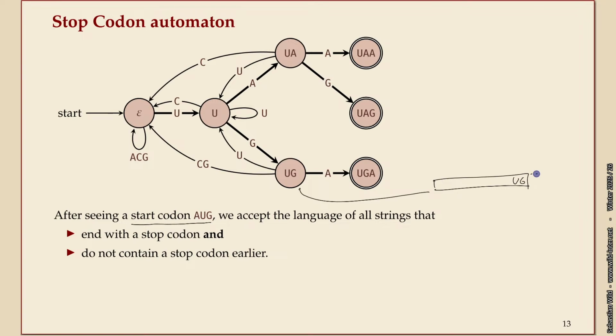And now there's a new letter coming, maybe a U. What's the best guess? What's the longest beginning of any stop codon that I could have seen at this point? That's only U. U might be the first letter of any of these. The UG is not going to lead anywhere, so I'm forgetting it.